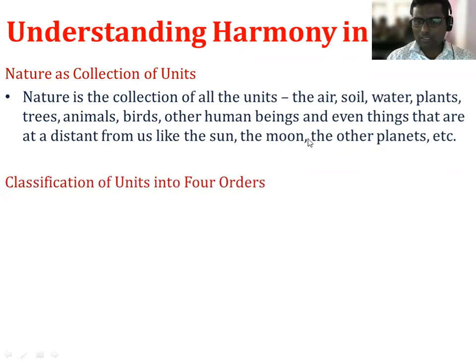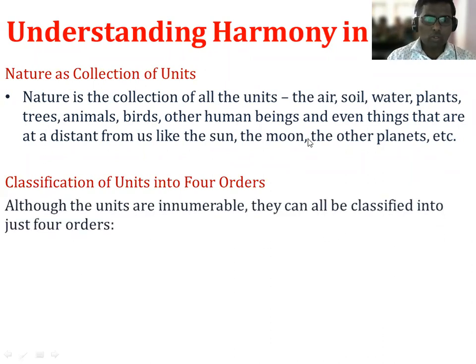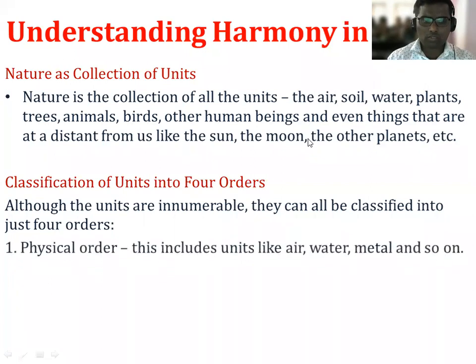Just now I said that there are so many units available in the nature, but as per our knowledge, we can classify all these units into 4 orders. And what are these 4 orders? Though the units are so many in number, they can all be classified into just 4 orders. Number 1 is the physical order.